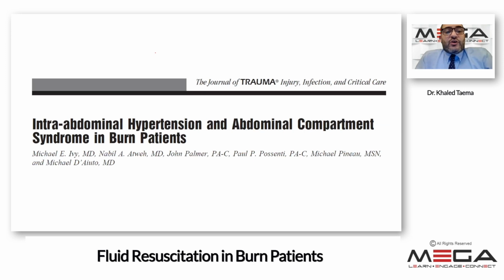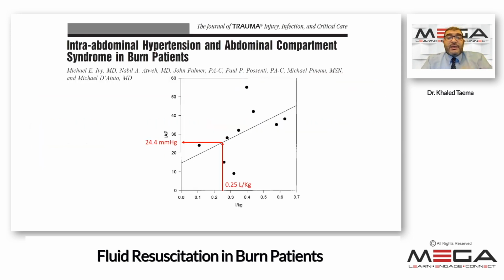The main impact of the use of over-resuscitation is the development of intra-abdominal hypertension and consequently abdominal compartment syndrome. In the study done by Ivy and others, which we called the Ivy index before, they did a regression analysis plotting the volume of resuscitation against the intra-abdominal pressure.